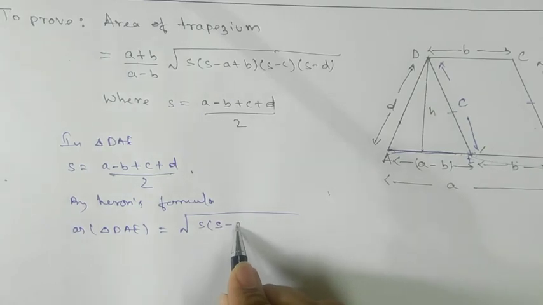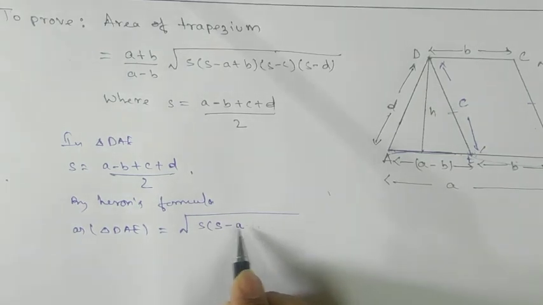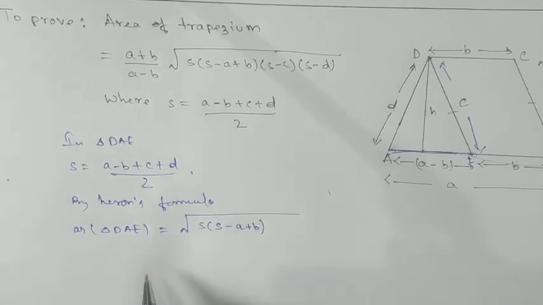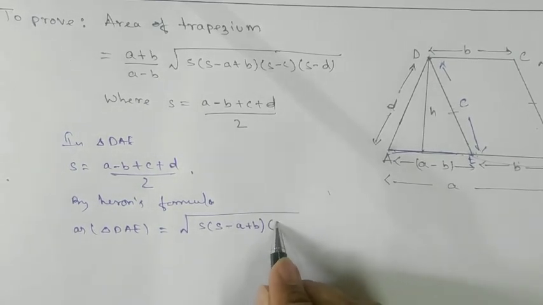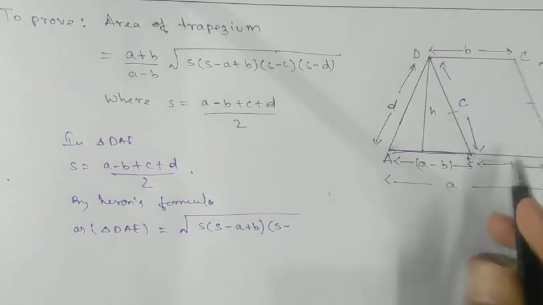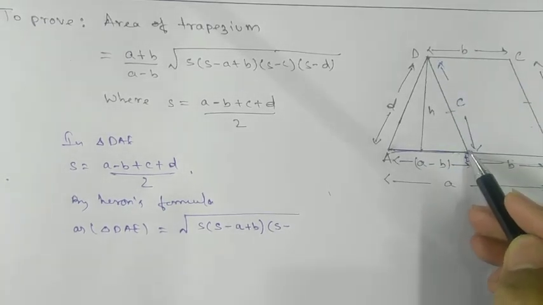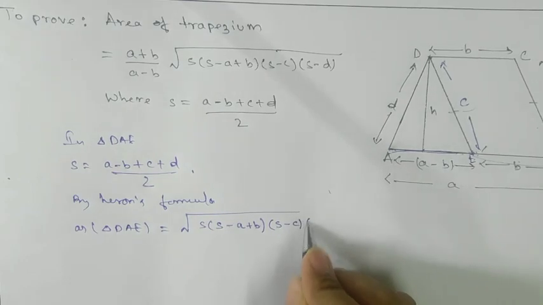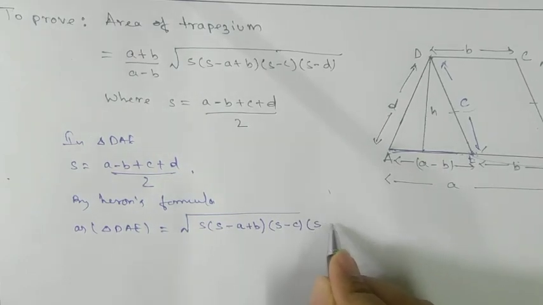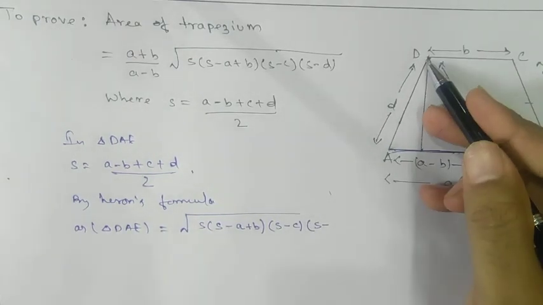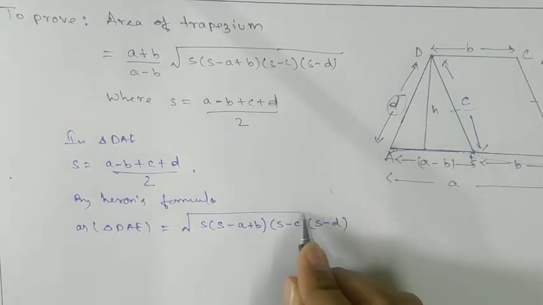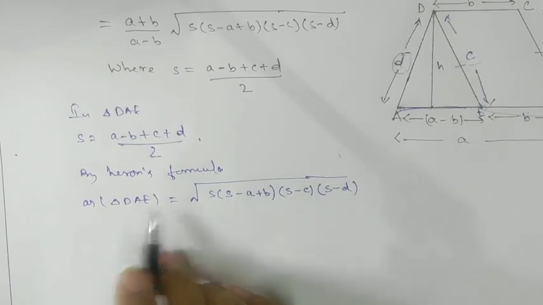So we'll substitute here a minus b, but minus minus becomes plus. So here you have this one. Next, s minus b. Here your b is ED, and ED's value is c. And next is s minus c. So here c is DA, and DA value is d. This one you have. Okay.